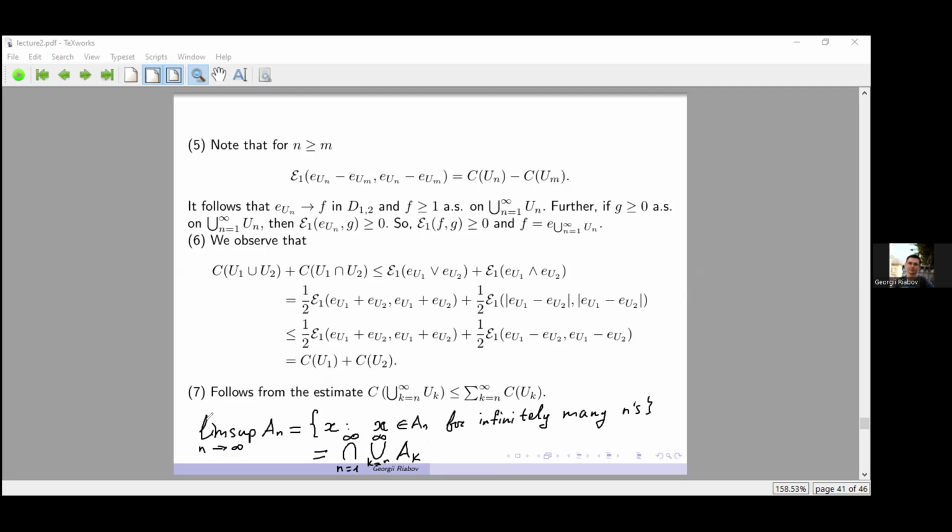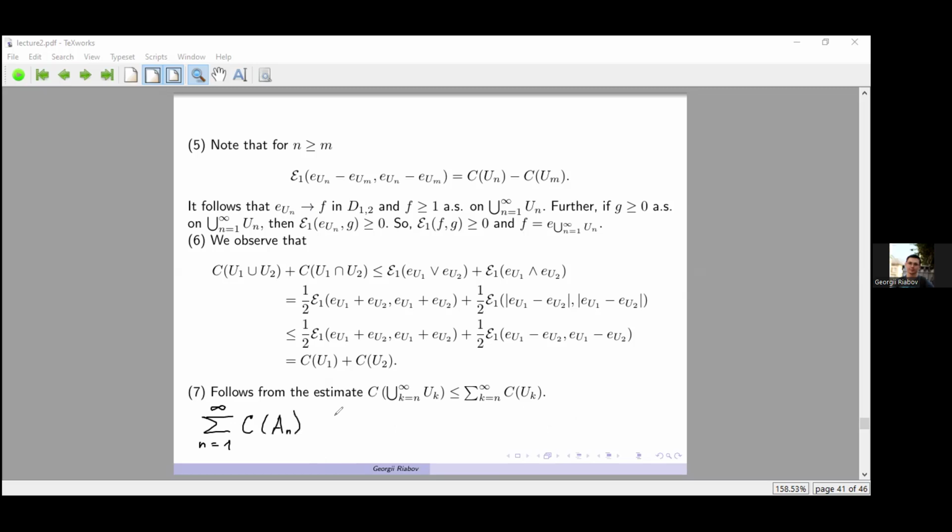Okay, so now assume that the sum of capacities of sets A_n is finite, then the capacity of the upper limit is equal to the capacity of the intersection over n of the union, k changes from n to infinity, of A_k.